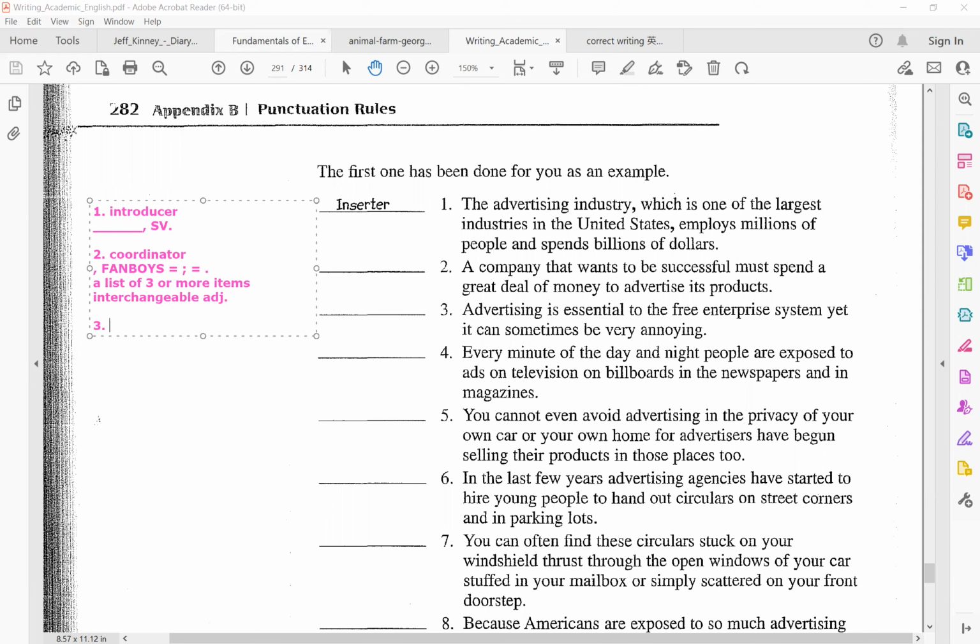Our third type of commas is called inserter commas. It is used to enclose non-essential information. So when you put something in the middle, right, it always comes in pairs. So you can have comma, comma, or dash, dash, or parentheses, parentheses. All right.